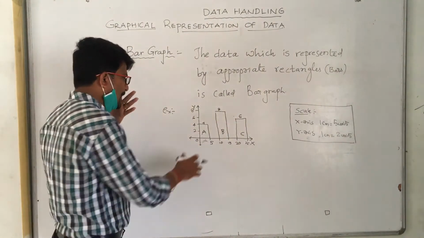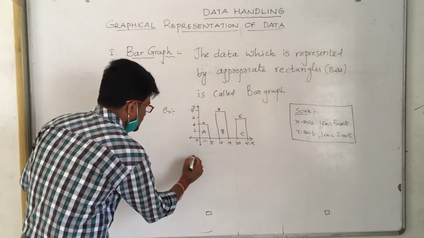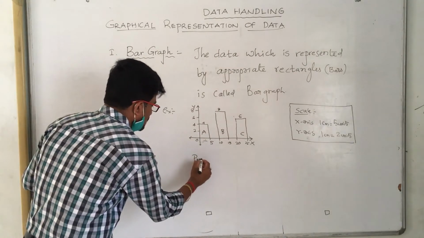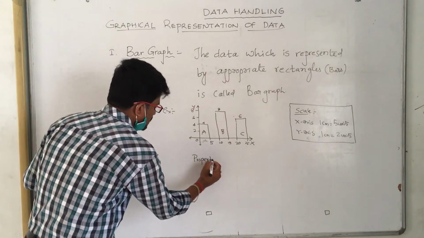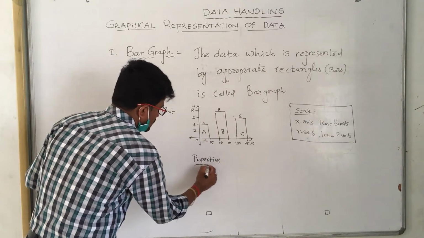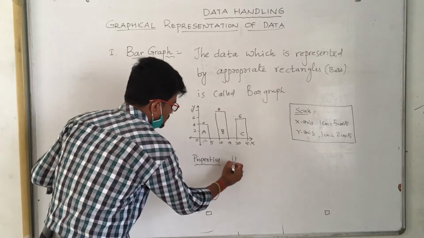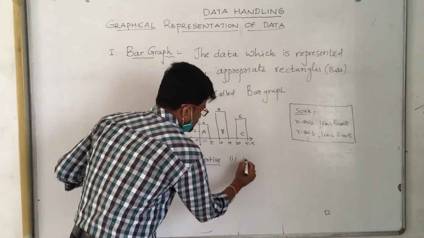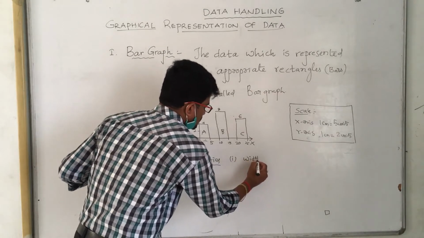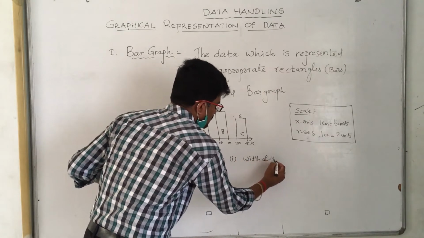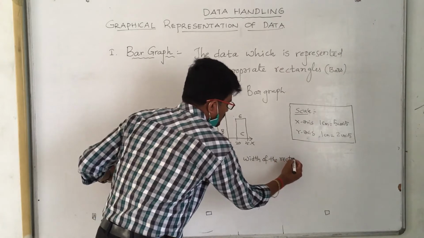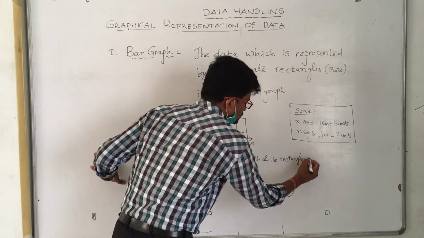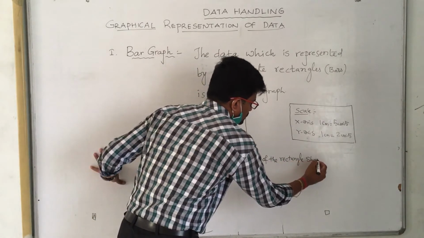Okay. Now, what are the properties here? First one, the width of the rectangles should be the same.